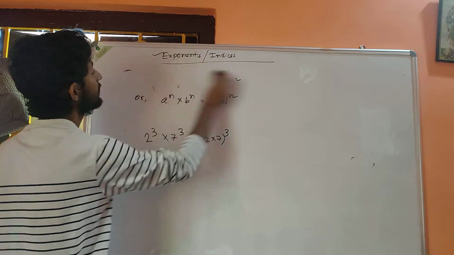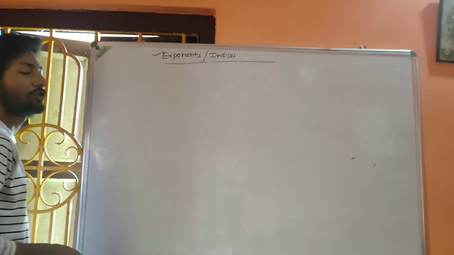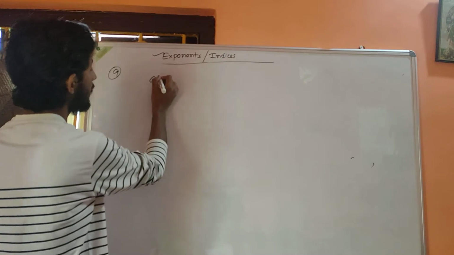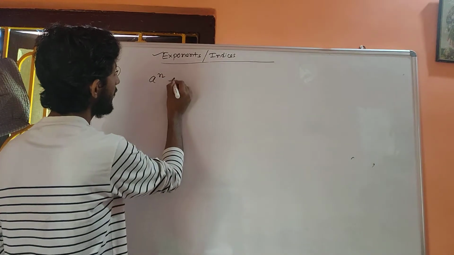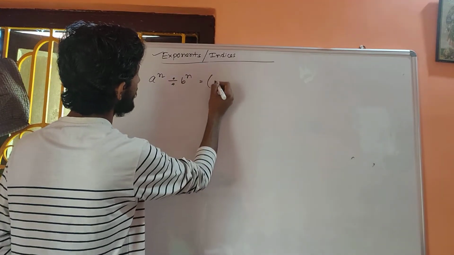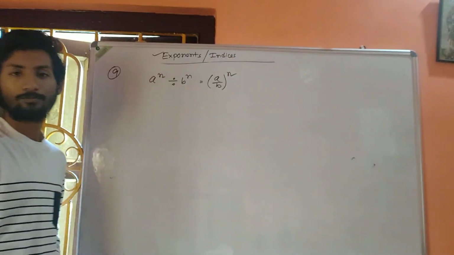Now number 9. It is almost related to number 8. a to the power n divided by b to the power n equals a by b to the power n.